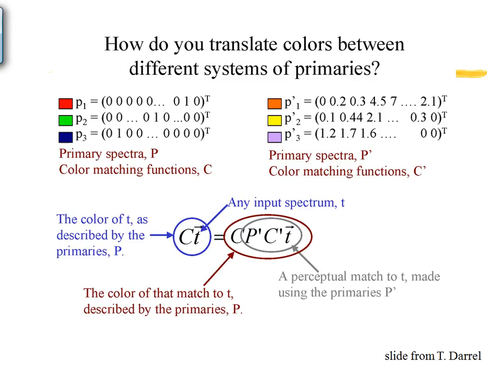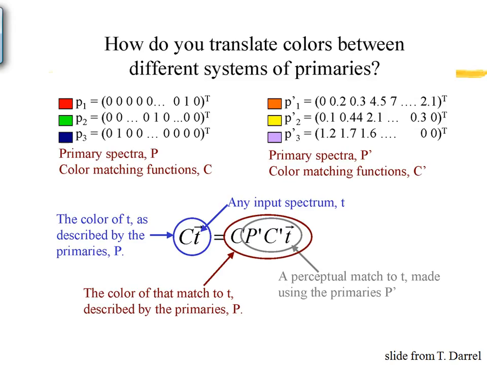So the way I ensure that relationship remains the same is basically saying that, well, this is my primary that I'm currently using. So the signal that I'm actually sensing is some C prime of P times the P prime. If I actually multiply that with C, I should go back to my original measurements on the original primaries. Just this integral. So this is what I'm keeping constant, and I'm solving for these.